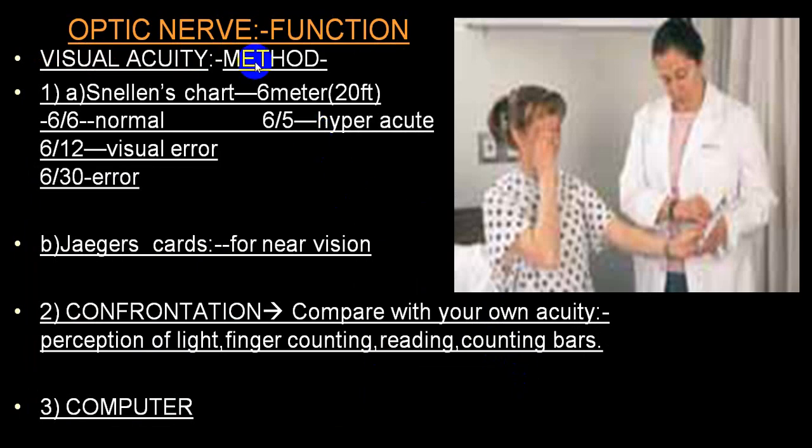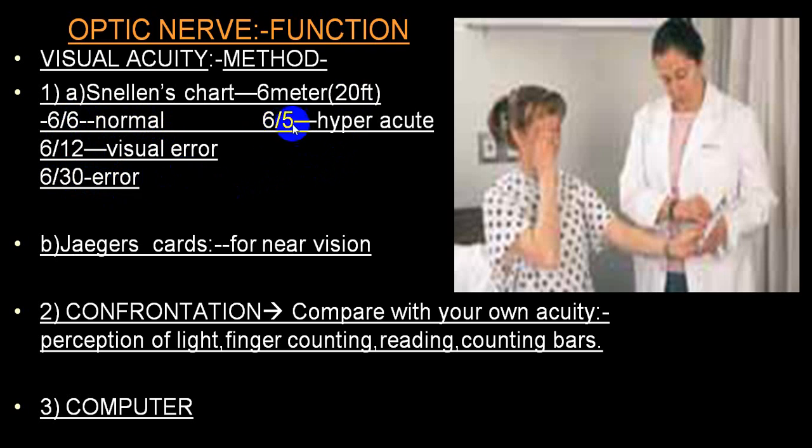So visual acuity is done by Snellen's chart, which you keep at 6 meter distance or 20 feet distance and measure the acuity. We'll not be going into tremendous detail, but if acuity is normal, we call it 6 by 6, it is normal. 6 by 12, 6 by 30, there is a visual error.